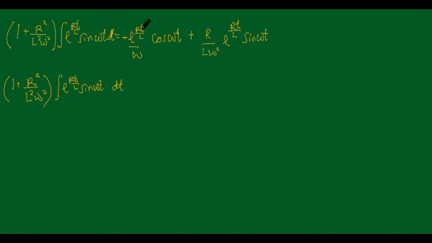Same thing here will be equal to e raised to the power of Rt over L multiplied by R sine omega t minus L omega cos omega t, divided by L omega squared.